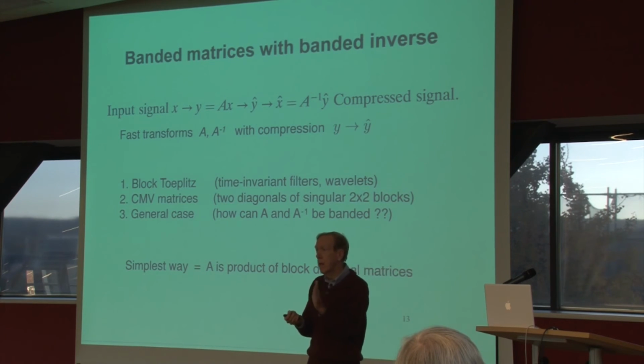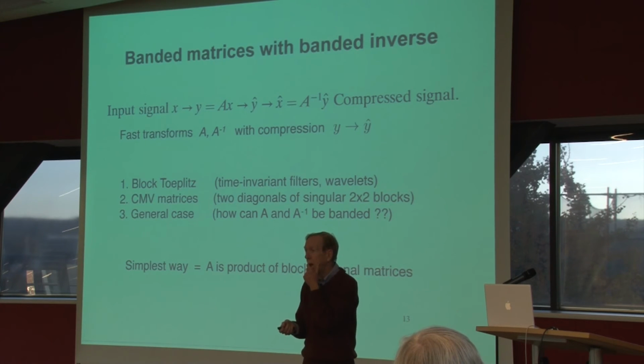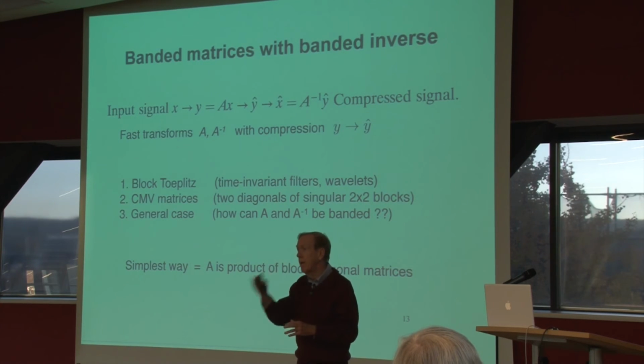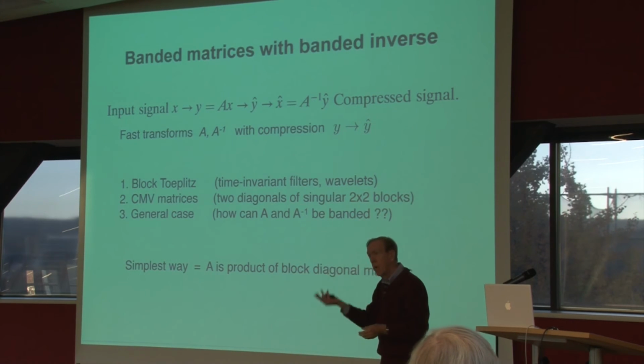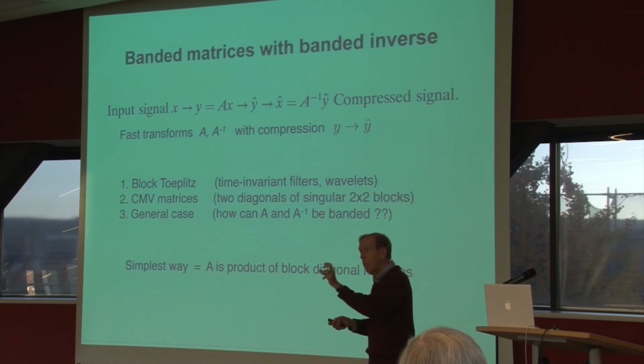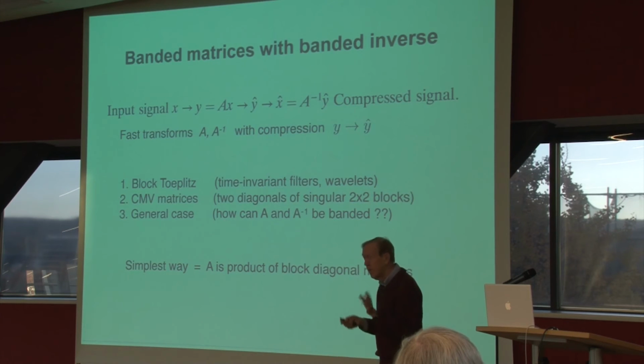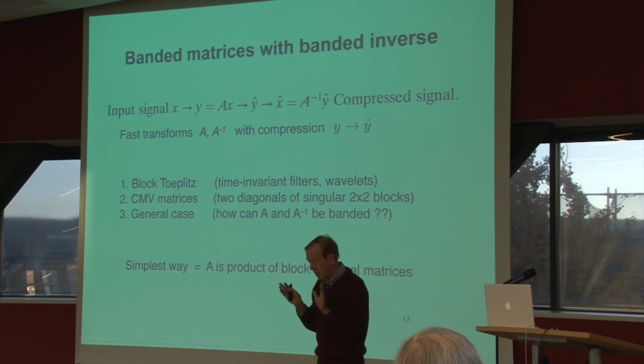Okay, so now take the next step. How to get a matrix that's banded with its inverse banded. Starting with the idea of diagonal, we could move to block diagonal. If the matrix has block, block, block, block down the diagonal, then the inverse will have the inverse matrices block, block, block, block down the diagonal. So that's a simple construction.